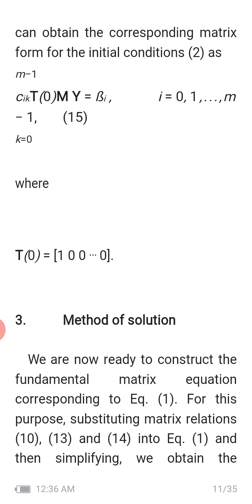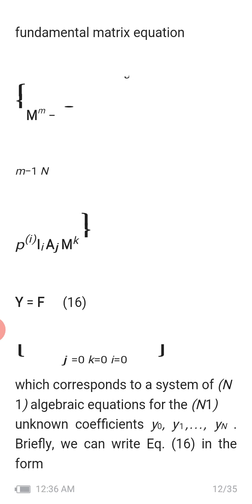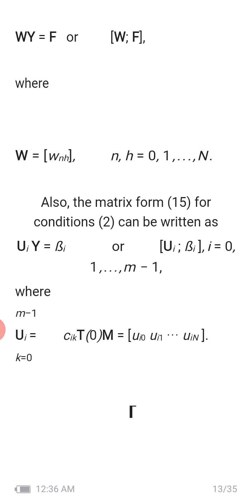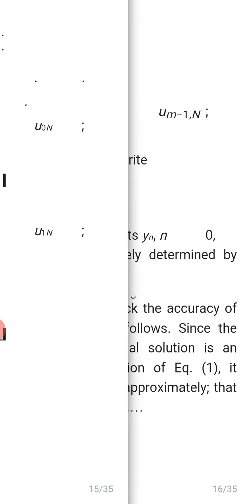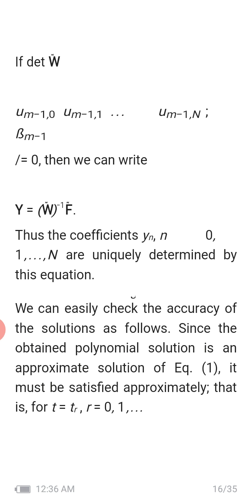Then, the method of solution. We are now ready to construct the fundamental matrix equation corresponding to equation number 1. Then the coefficients y_n from 0 to N are uniquely determined by this equation.